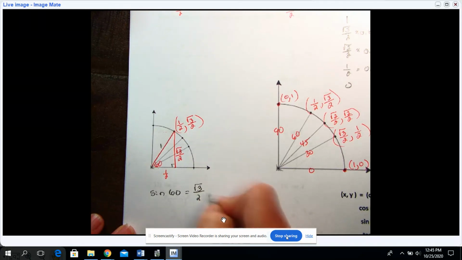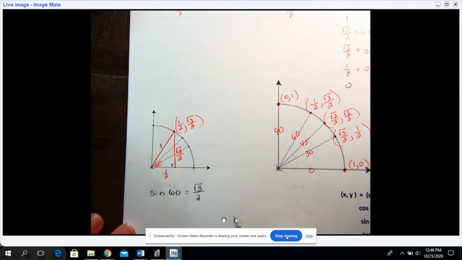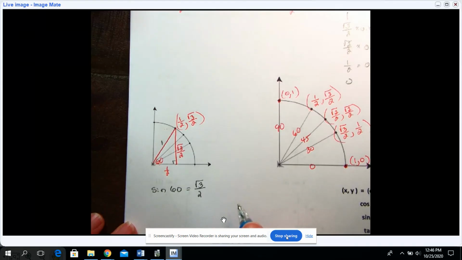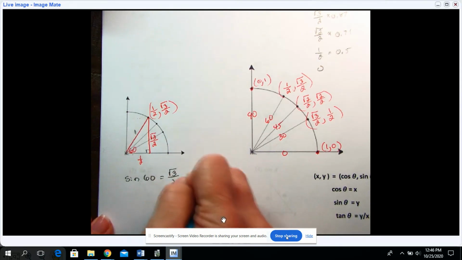And then that's the sine of 60. But what actually is that? That's the y value. I'm sorry, yes, sine is the y value. My brain went bad for a second. So sine is the y value.